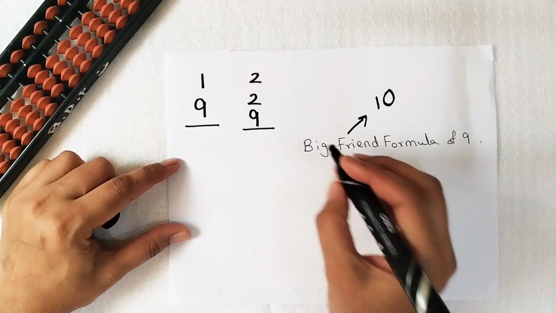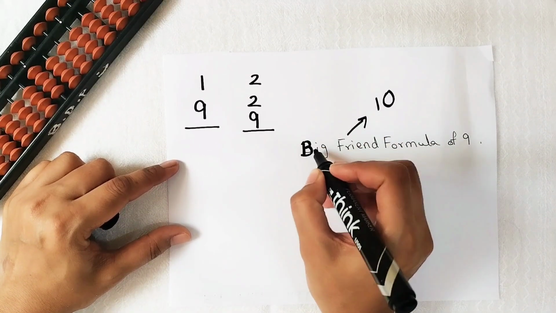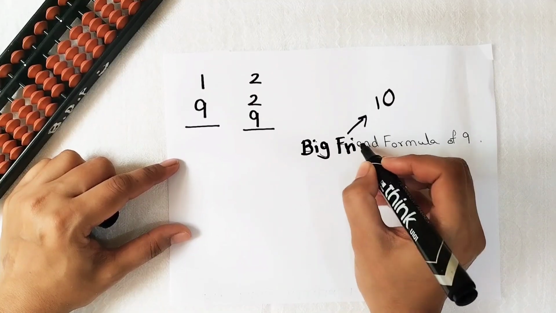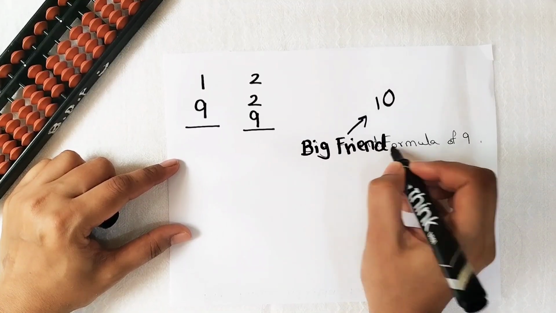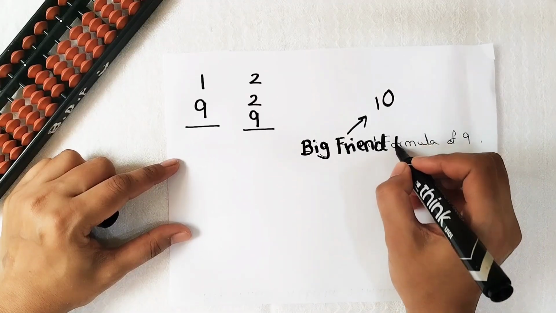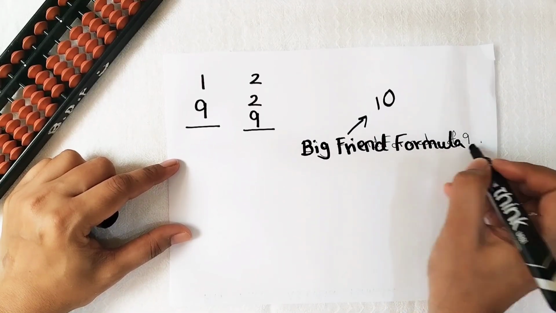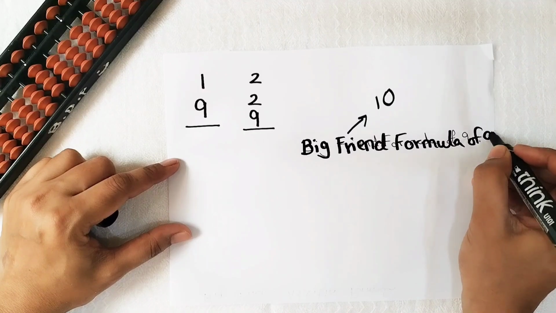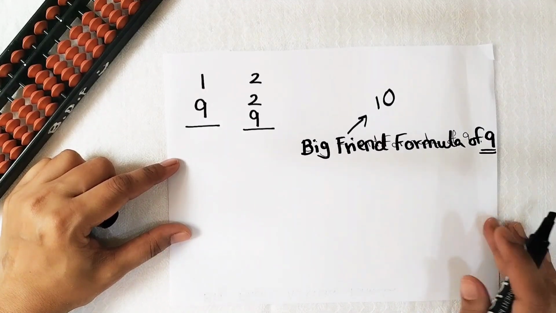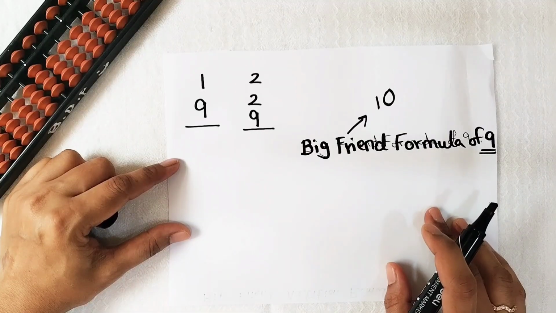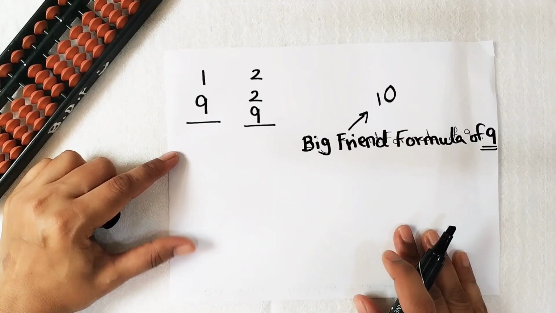Okay, in the big friend, I write again: big friend formula of 9. So in the big friend, boss is number 10.